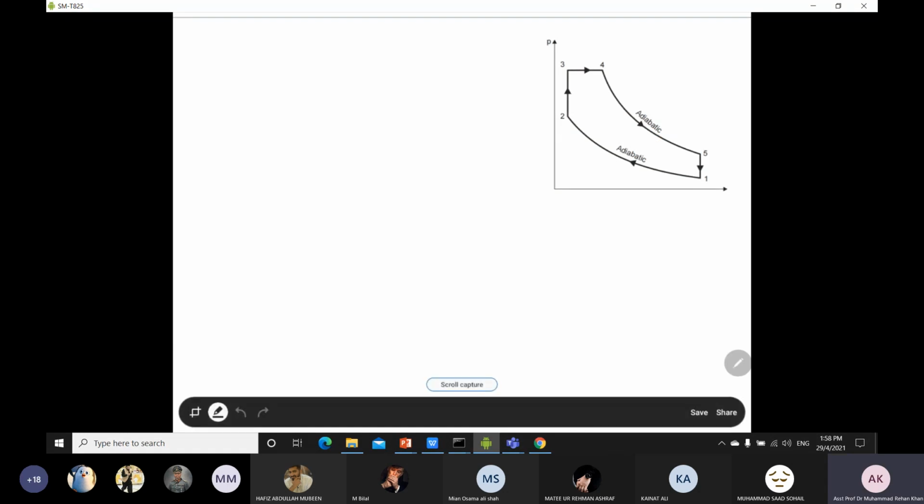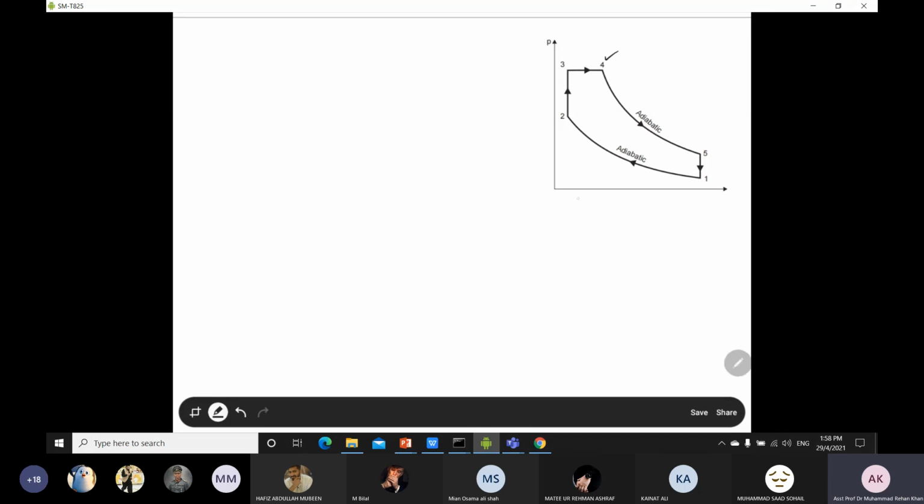Okay, so in your question it is mentioned that the fuel injection ends at 5% of the stroke. So fuel injection is ending at point number 4. This is the main point, where your fuel injection ended. So it is point number 4, and it is mentioned it is 5% of the stroke.